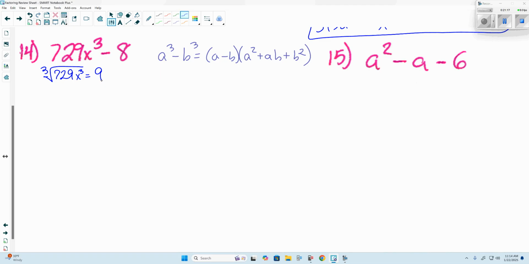Well, 729 is 9, and the cube root of x cubed is x. So that tells us the number that's taking the place of A is 9x. The cube root of 8 is 2. So our A term is 9x, our B term is 2.